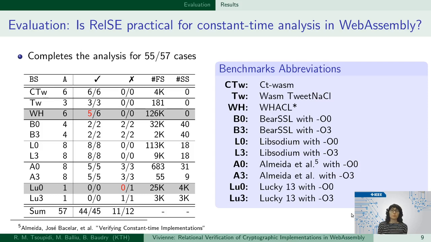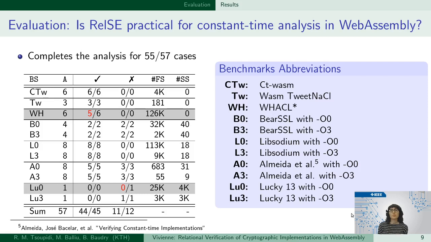The second column shows the number of algorithms belonging to each benchmark set. The third column shows the number of constant time implementations that were verified correctly. The fourth column shows the number of unsafe algorithms where the vulnerabilities were discovered.